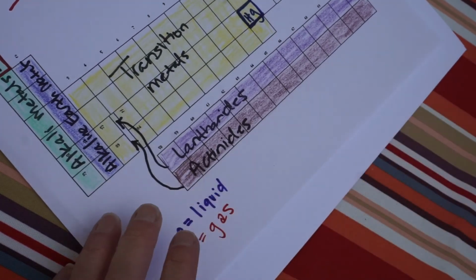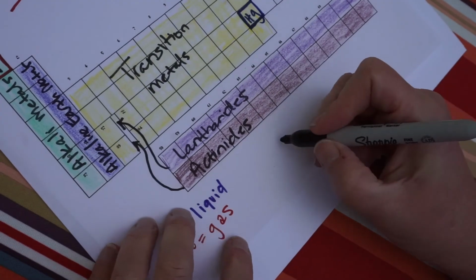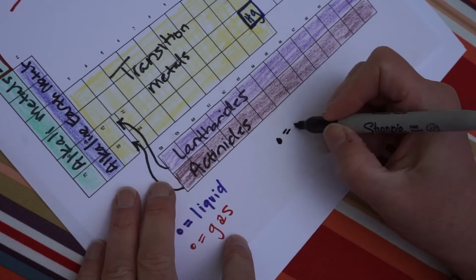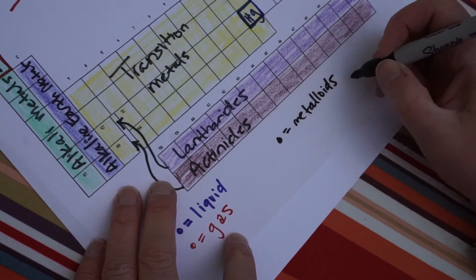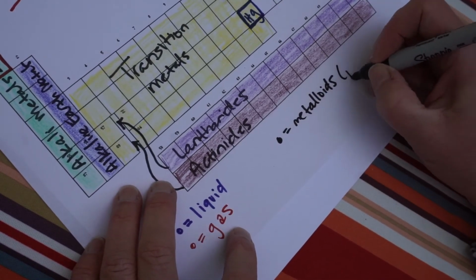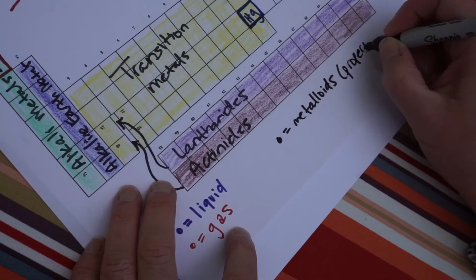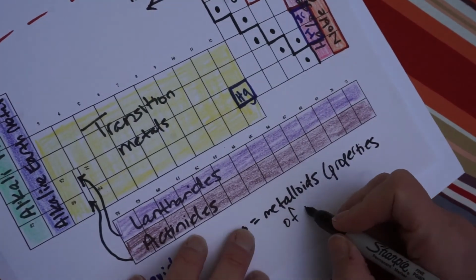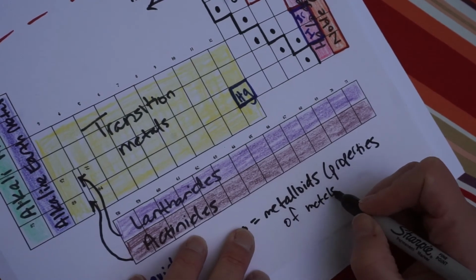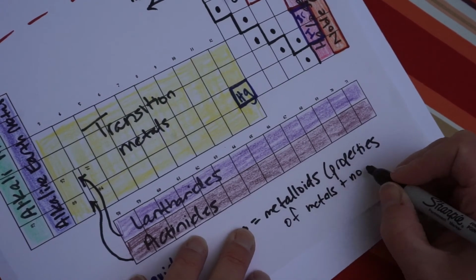And then we can also make a note that the black dots that we put there are metalloids, which means that they have properties of metals and nonmetals.